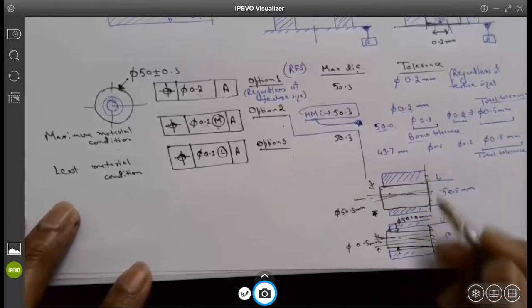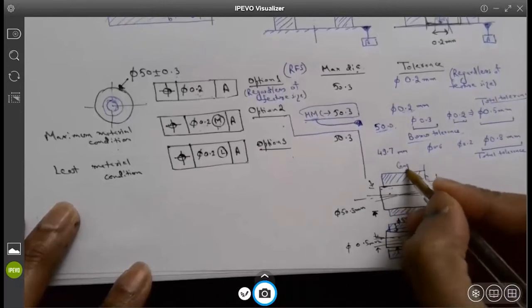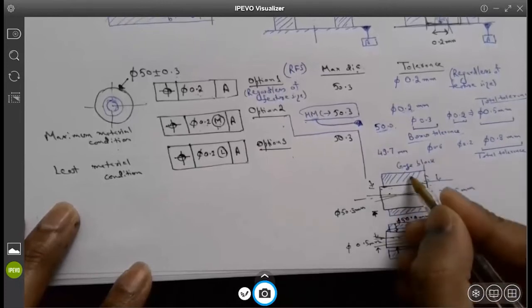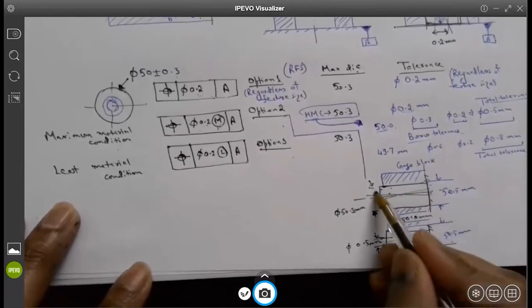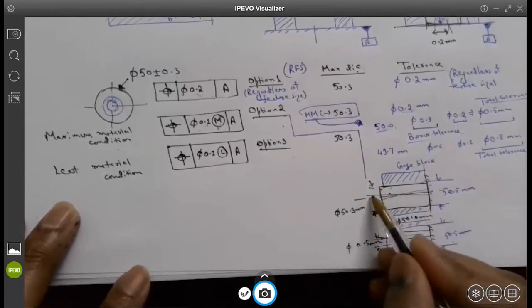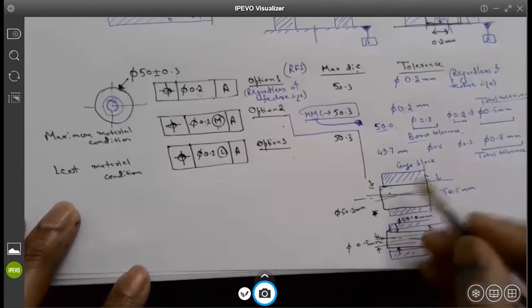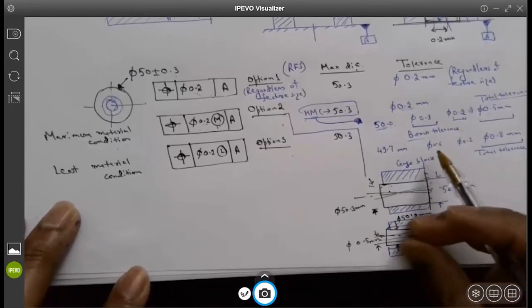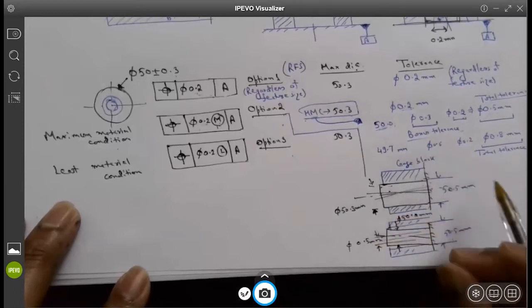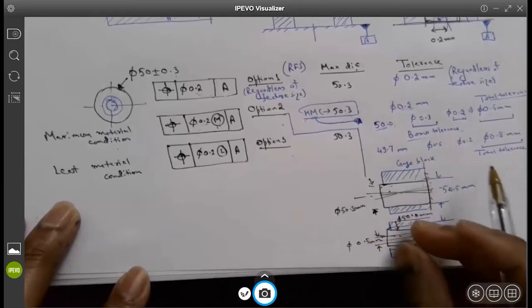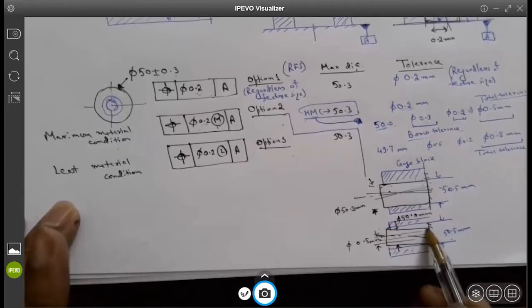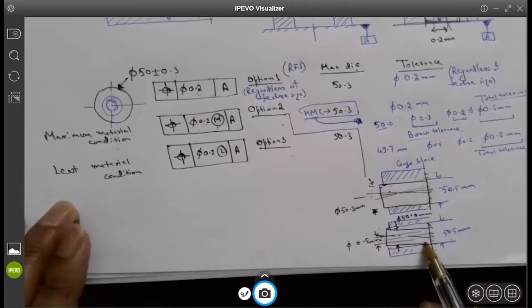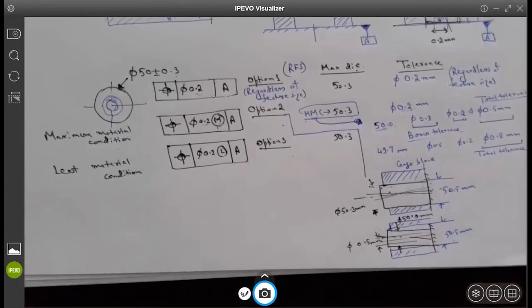The gauge block is fixed, always 50.5 millimeters. The same gauge block here, 50.5 millimeters. But I have a pin which is 50.3 millimeters and I have a tighter control on the axis. If my pin is smaller, then I can orient the pin and have more clearance, and more offset from the perpendicularity can be accommodated. Let me know if it makes sense to you.